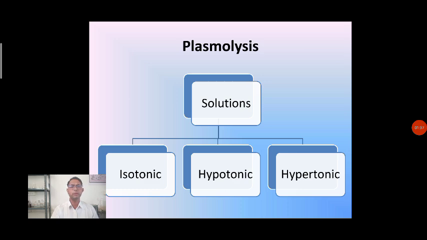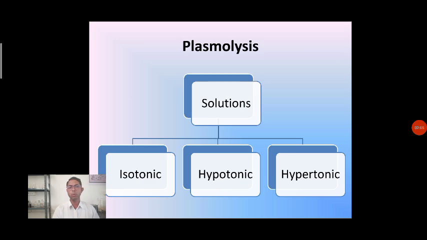So there will be a different number of solutions available to the organism in the environment. Say for example, we are looking at a bacterial cell or a plant cell. There will be different conditions where different solutions are available for the plant. Sometimes the pH of that solution is less than 7, greater than 7, or sometimes it will be 7.